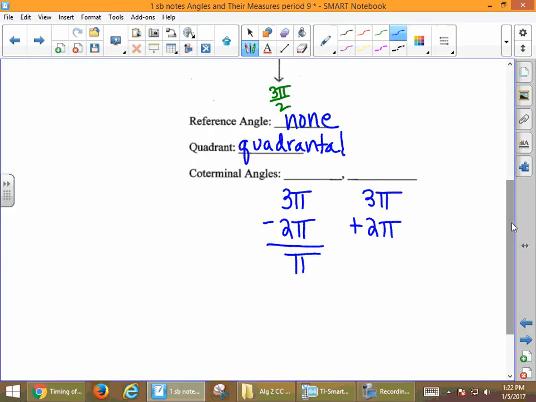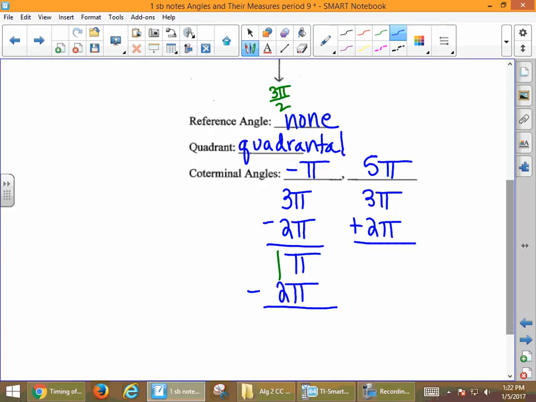So if we want to make this negative, we can subtract 2 pi again, and 1 pi minus 2 pi is negative pi, negative 1 pi if you prefer. And over here, 3 pi plus 2 pi is 5 pi.